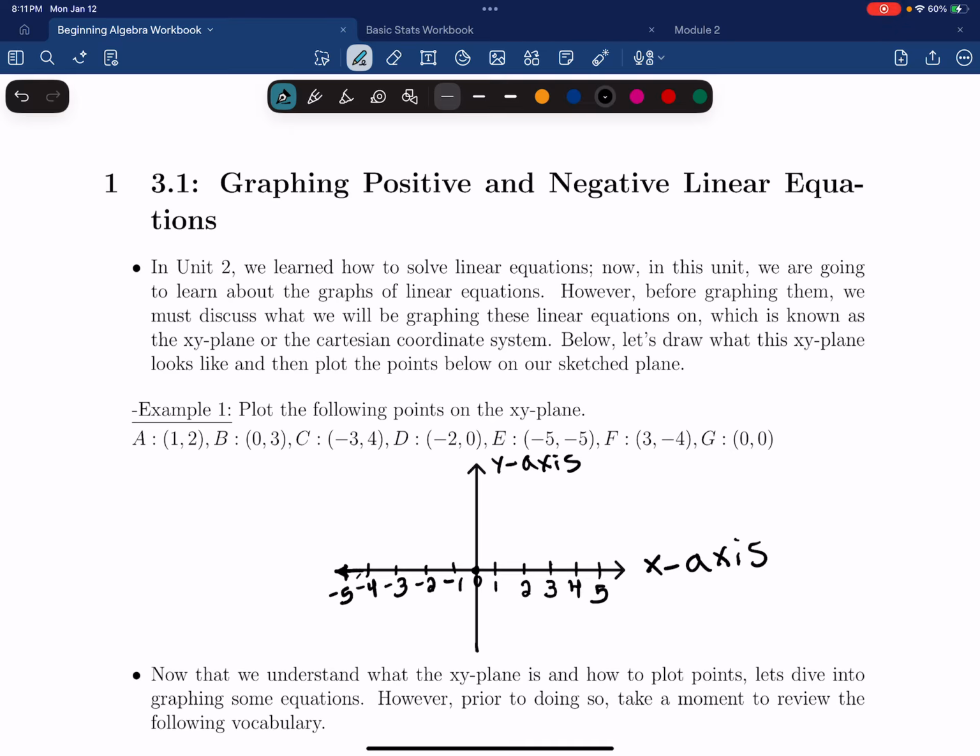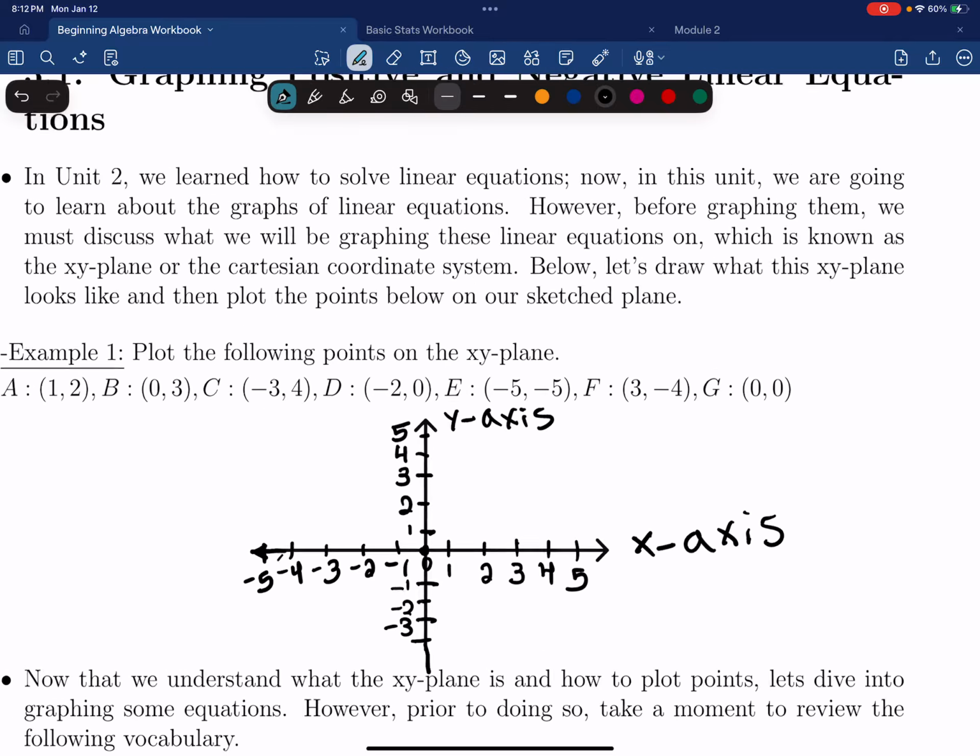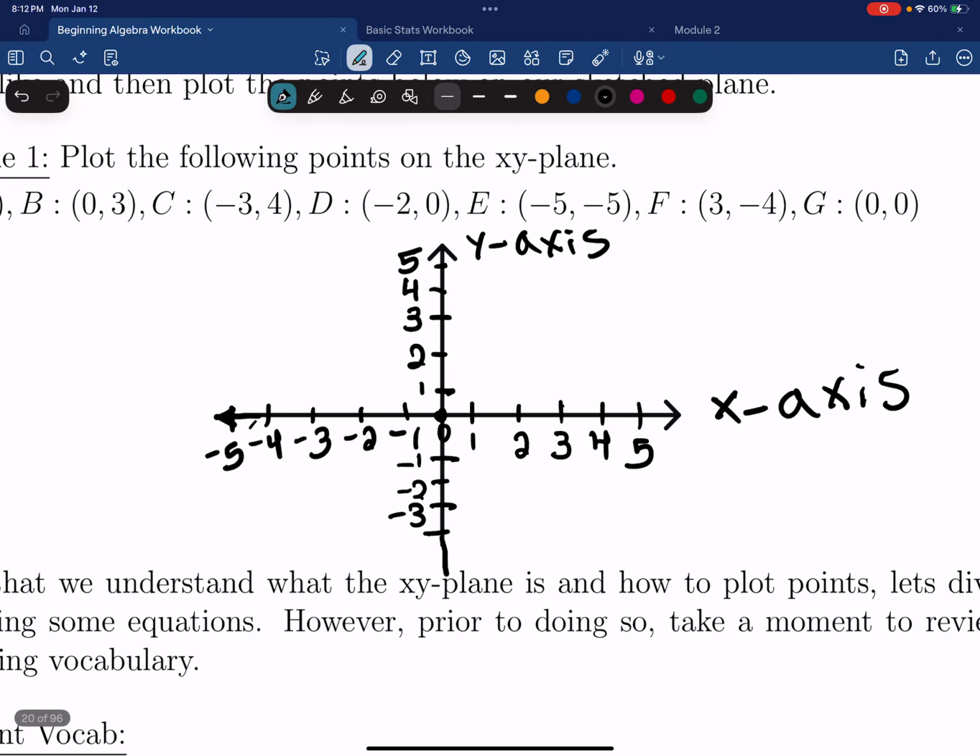Now on the y-axis, we're going to do the same. So above the x-axis is going to be all of our positive values. So we're going to have 1, 2, 3, 4, and 5. And below our x-axis, we're going to have all of our negative values: -1, -2, -3, -4, and -5.